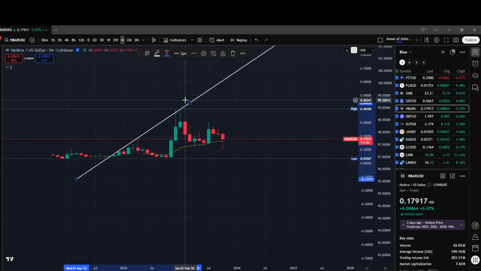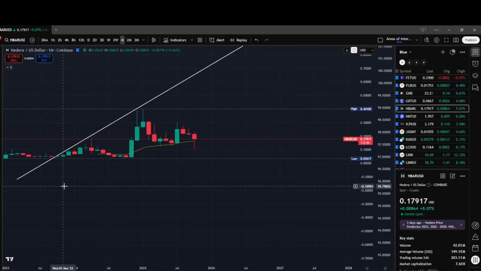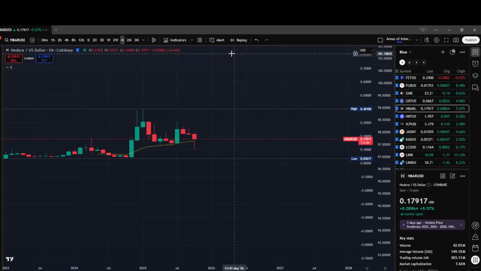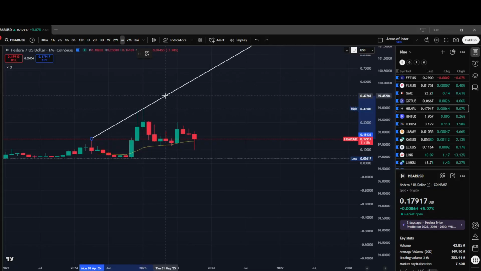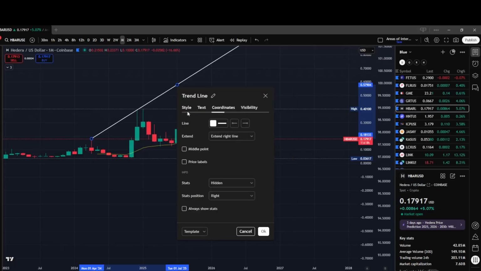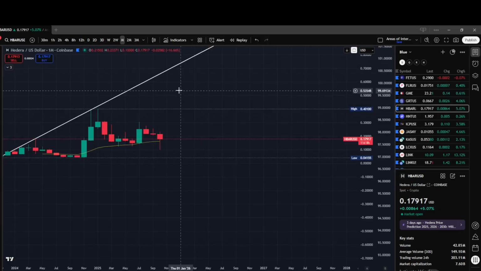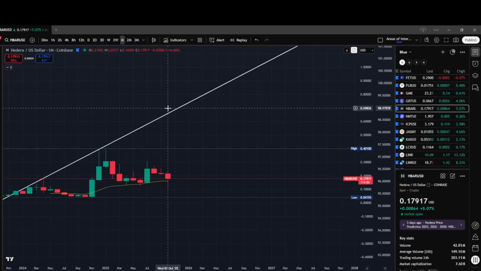Wow, that's like a vertical price. That's straight up. 66 cents.